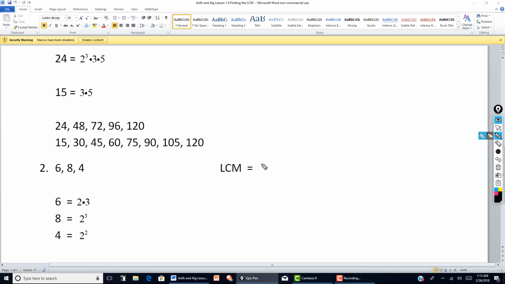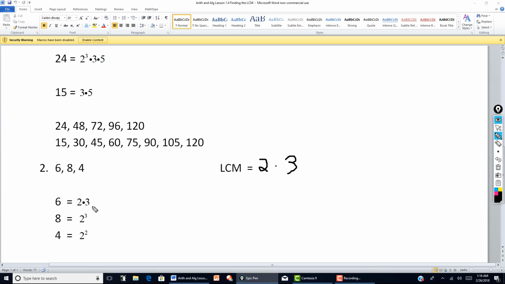So the 6 has one factor of 2 in there, then there's also 3, and the 8 has a factor of 2, I already have it there. 4 has a factor of 2, I already have it there. You've got to have all the different base numbers that appear in any factorization. That's the first thing you put down.